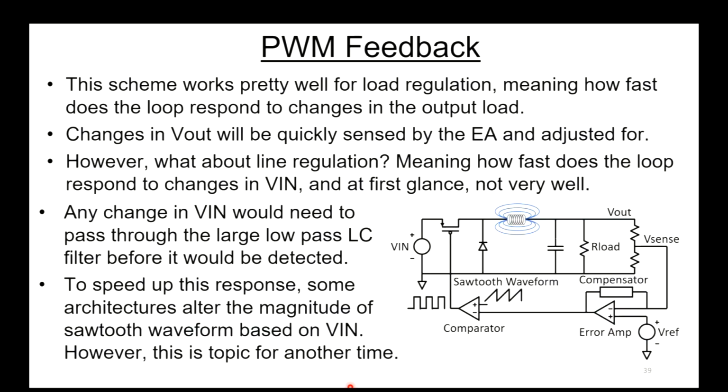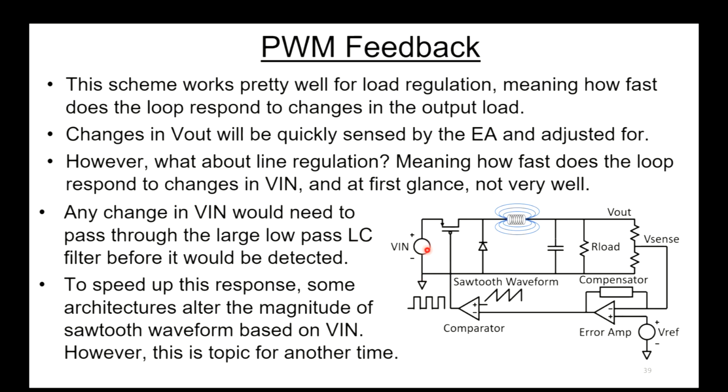So this scheme works pretty well for load regulation, meaning how fast does the loop respond to an output load? And you can kind of see if you change the output load, V out is going to get sensed by the error amp very quickly and make adjustments for it. However, what about line regulation? What that means is, how fast does the loop respond to changes in V in?